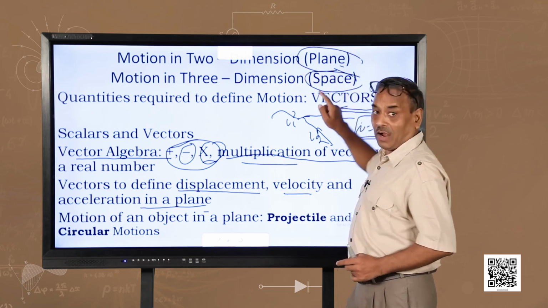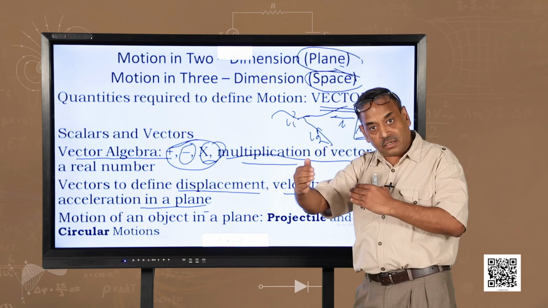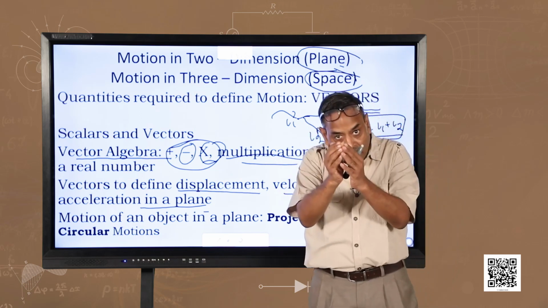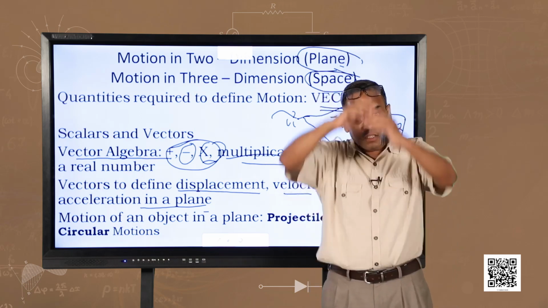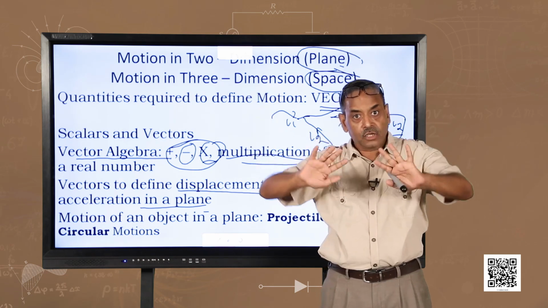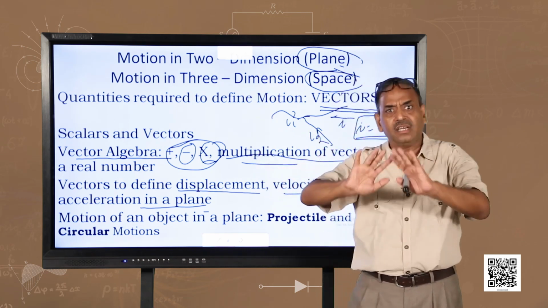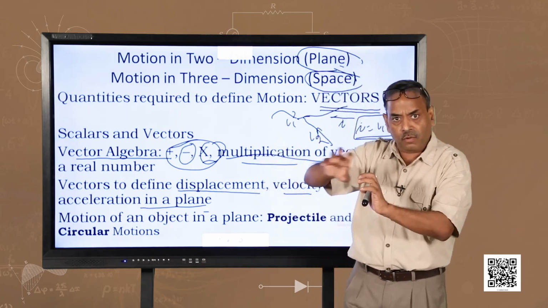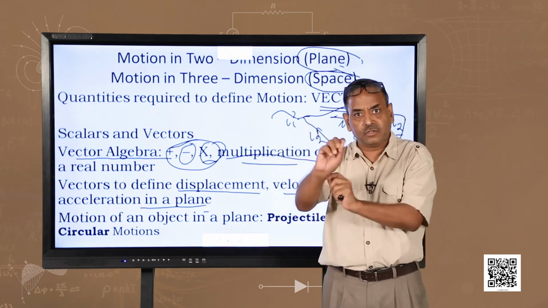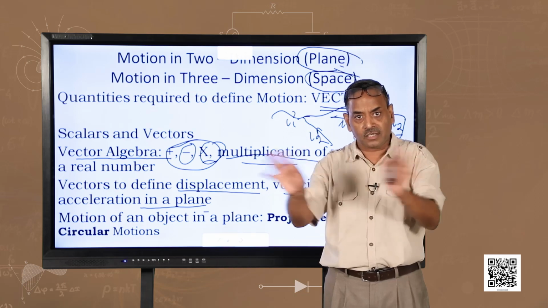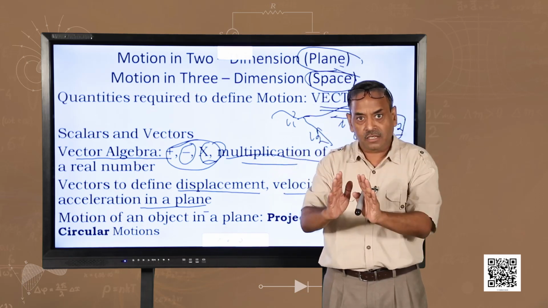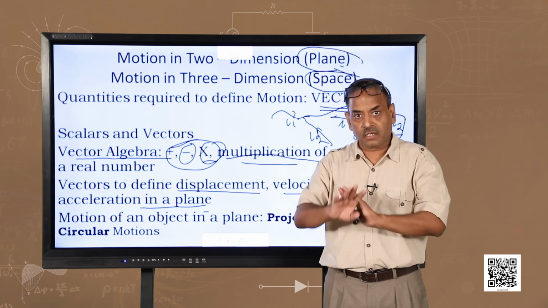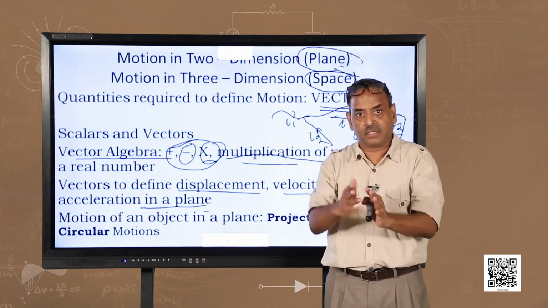If you are working in a plane, these rules can be very easily extended to three-dimensional space. We are going to discuss largely the plane, and it can be rewritten in the form of space very easily. You just have to add one more component, nothing different.